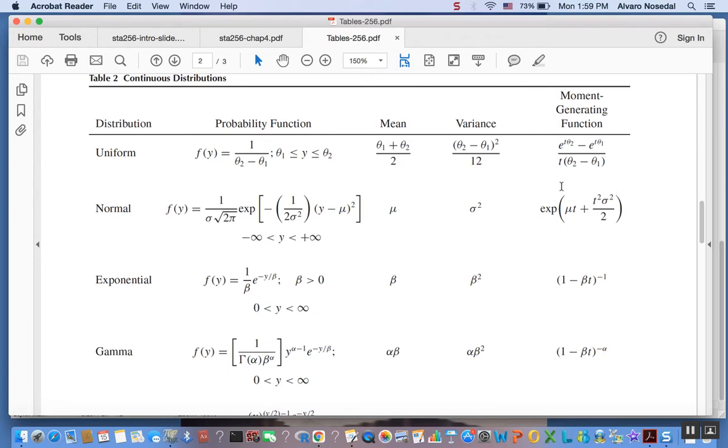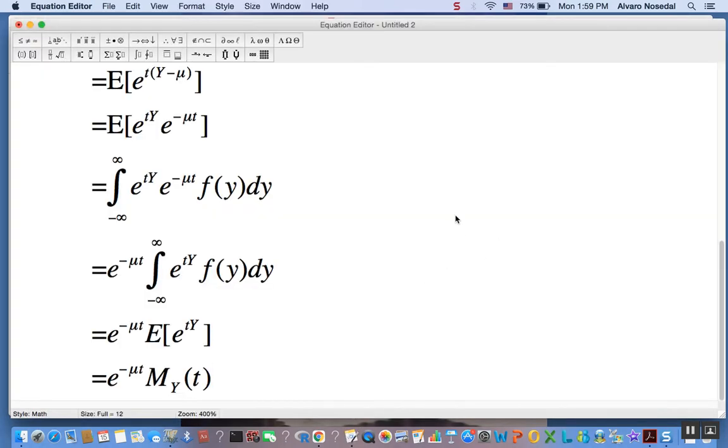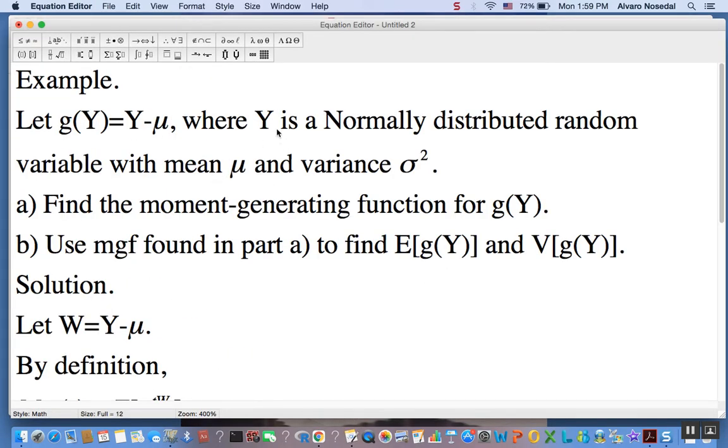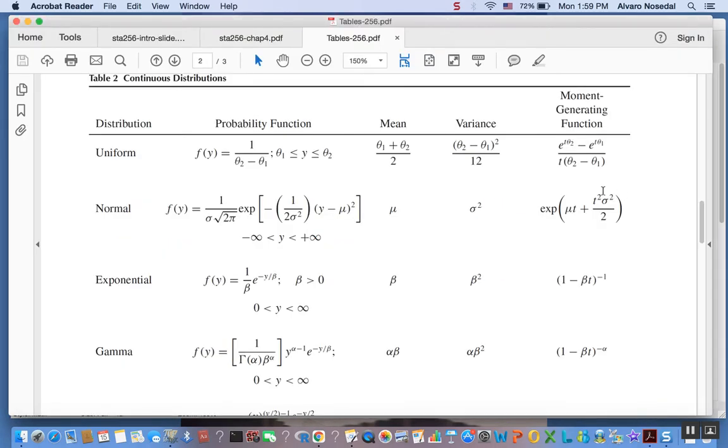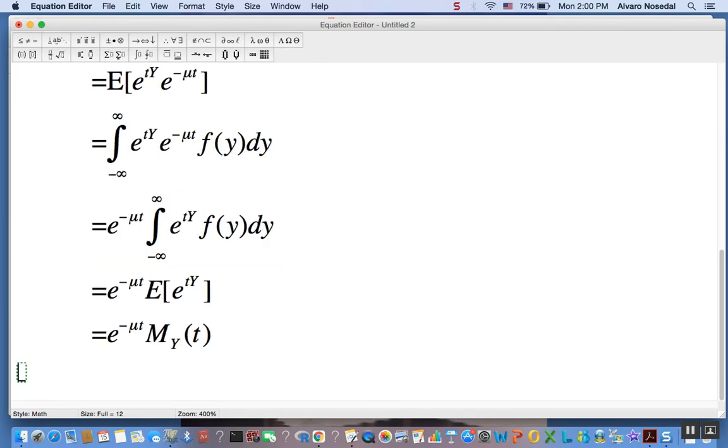So the MGF of a normal looks like this: e to the power mu times t plus t squared times sigma squared divided by 2. Okay, so let me go back to what we have here. We know that the original random variable y is a normal with mean mu and variance sigma squared, which means that using our table, this is the MGF of y. So let's use our table from our textbook and save some time.